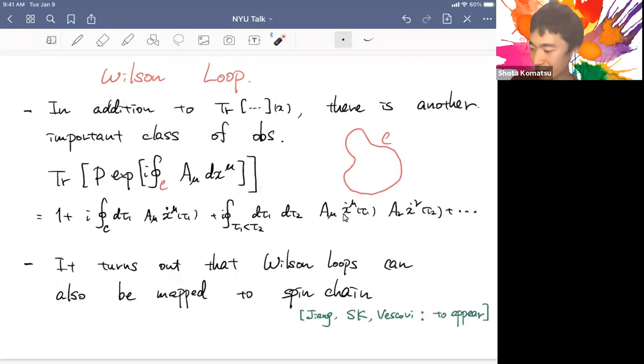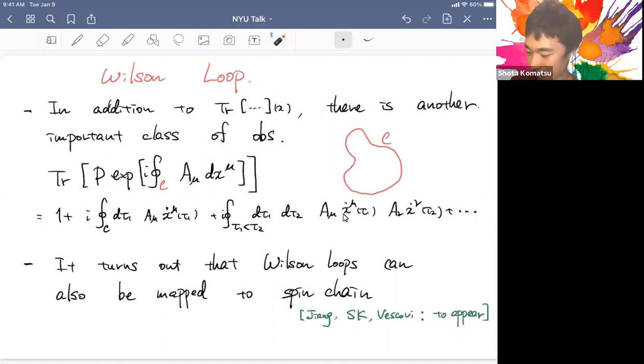However, in gauge theory, there is yet another important class of observables, which is the Wilson loop. The Wilson loop is defined, as you probably know, in this way using the gauge field and the path-ordered exponential.